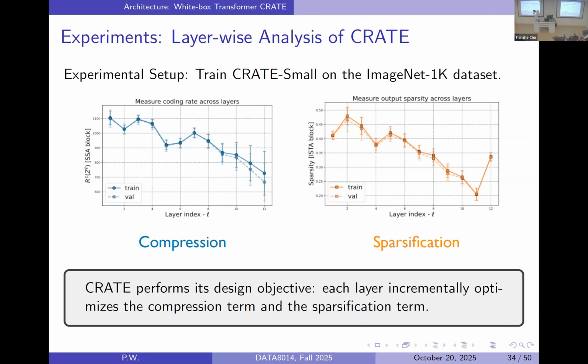You can see here, we train a transformer, then visualize the compression. The x-axis is the layer index, and the y-axis is this compression metric, the RCZL. And you can see as the layer index increases, the compression metric gradually, in general, decreases.